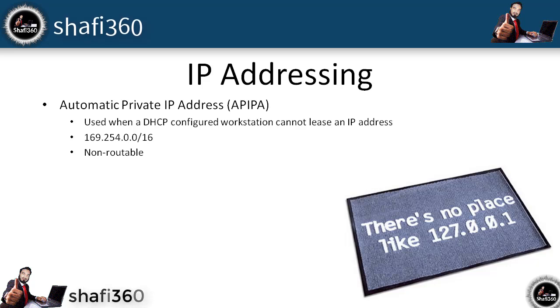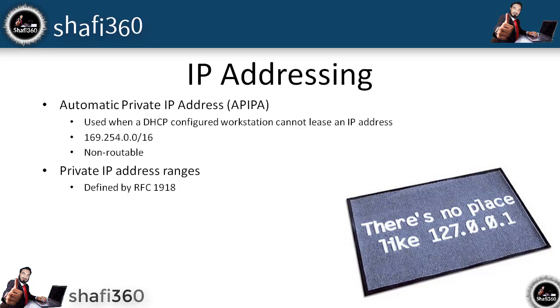The next set of special IP addresses we'll talk about are the private IP address ranges. And again, if you've dealt with any networks, you probably have seen these, but you may not know why these networks were picked. They are defined by RFC 1918. And if you're a really big nerd, you can go out and read the RFC 1918. They're freely available.